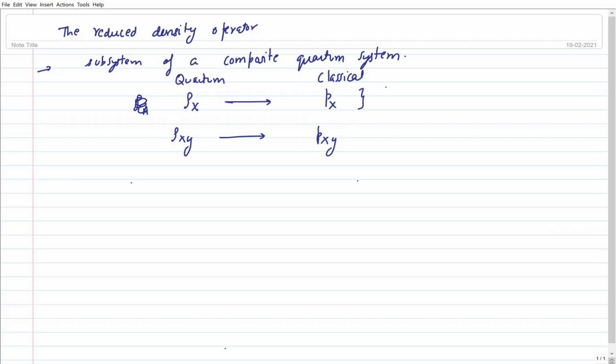If this was the probability distribution over one random variable, this is a joint probability distribution over two random variables.